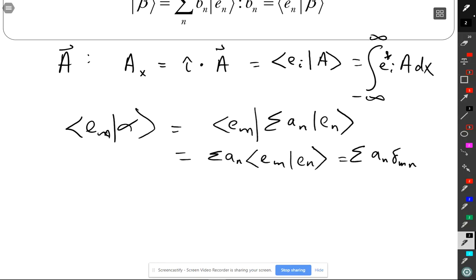Is that right? My Dirac and Kronecker, I still get confused. Which then just is going to be A sub n. Actually, it would be A sub m the way I did it. But that's how it was arrived at.